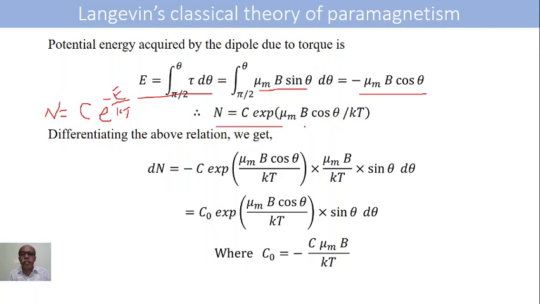Let us now differentiate this expression for N. Differentiating this, we get dN is equal to C exponential of mu m B cos theta by kT. Now differentiating the terms within the bracket, we get mu m B by kT, again a constant. The differential of cos theta is minus sin theta d theta.